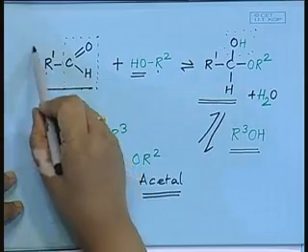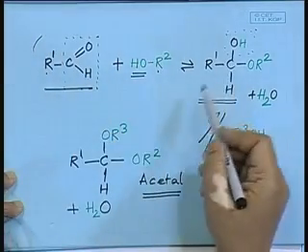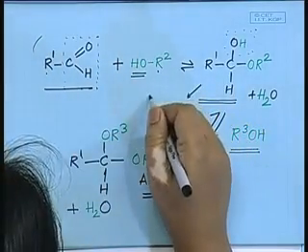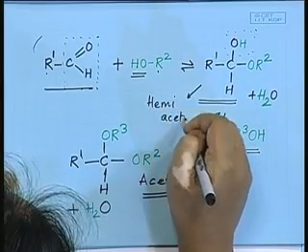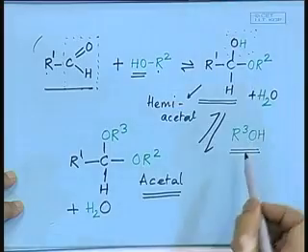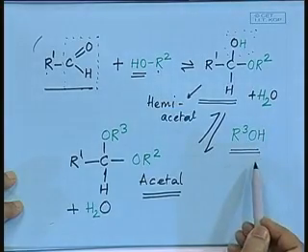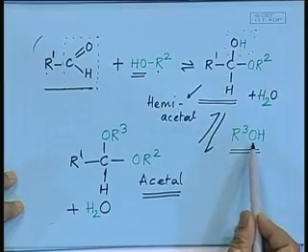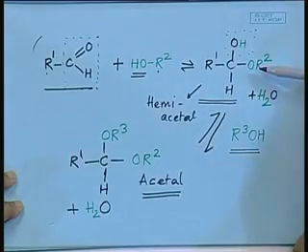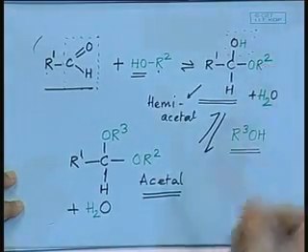So, we are cyclizing this whole thing into forming what is called a hemiacetal. But now, if I have another glucose which also has an OH, and it links with this hemiacetal, what can I get? I can get an acetal.